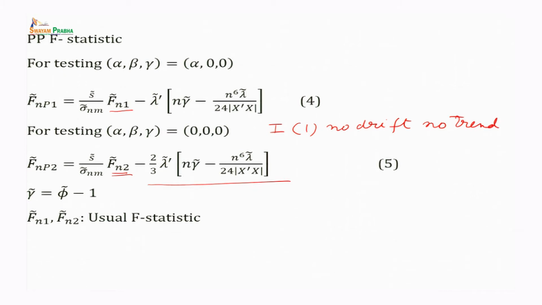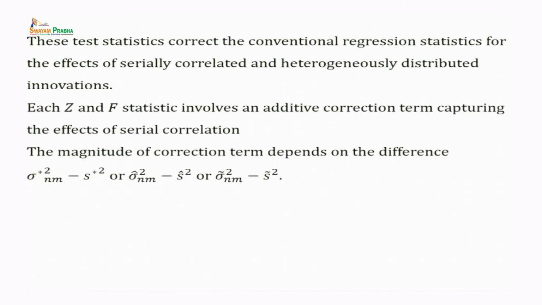So, these are the Phillips-Perron test statistics for testing the significance of a single alpha, beta or gamma equal to 0, or for testing simultaneously the hypothesis that beta, gamma equal to 0 or alpha, beta, gamma is equal to 0, and so on.